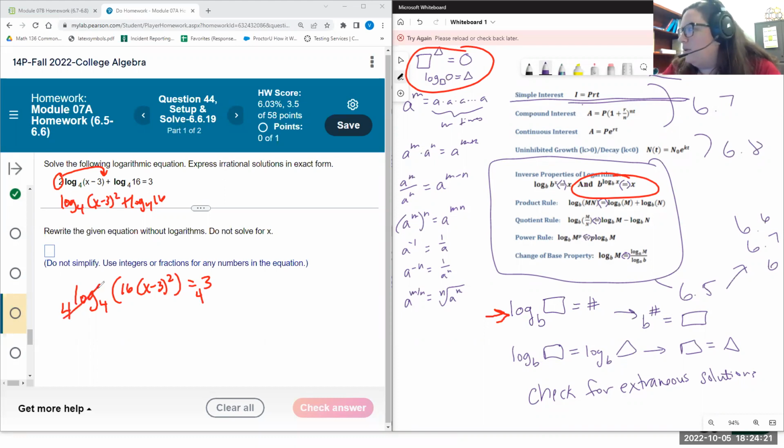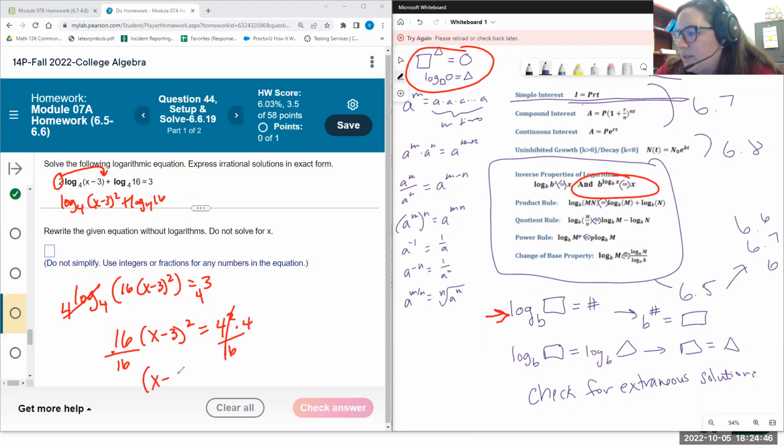But if you have the base as the undoer for the log, then you can get there. So 4 cubed, 16 times (x minus 3) squared equals 4 cubed. And 4 cubed is 4 squared times another 4, and that's the 16. So I'm going to get rid of that 16 so I don't have to mess with it.